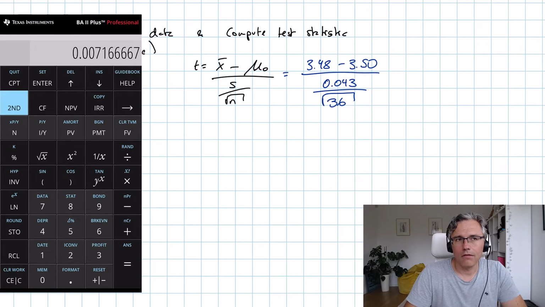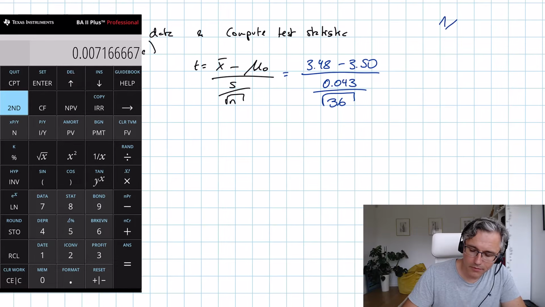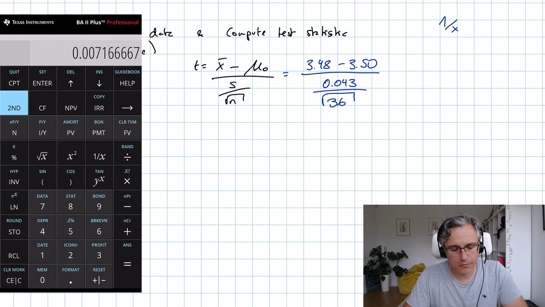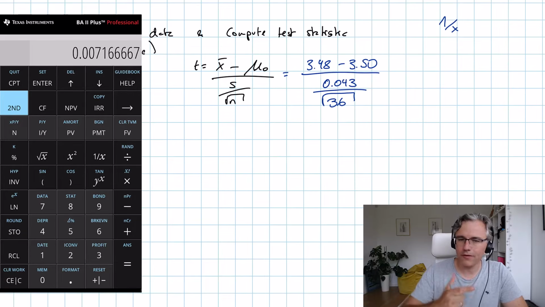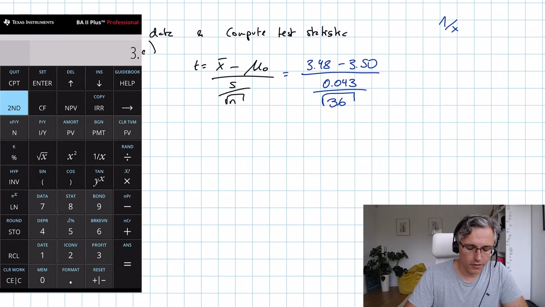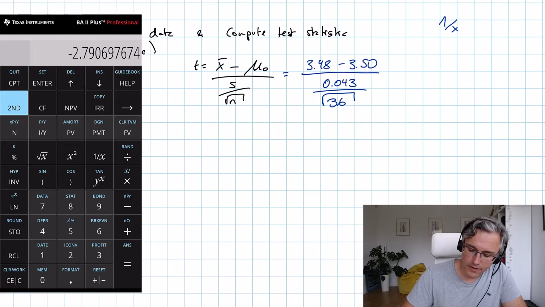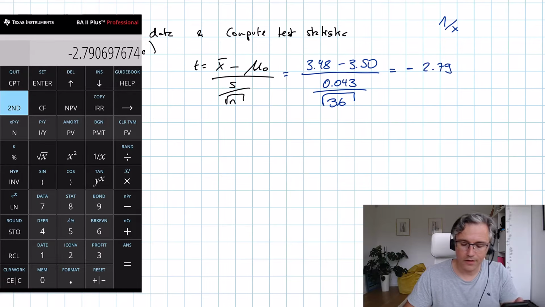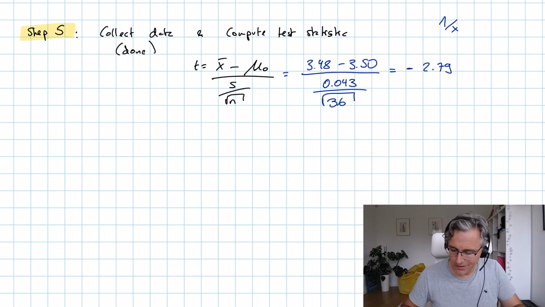Now what I'll do is I'll hit a button labeled 1 over x. Obviously, there's multiple ways to do this, but this does this computation, and now I multiply by the difference, open bracket, between 3.48 and 3.50, which is 0.02 negative, equals, hey presto, we've got a negative value of 2.79. Now this is not measured in grams.